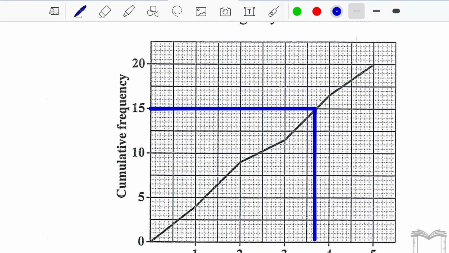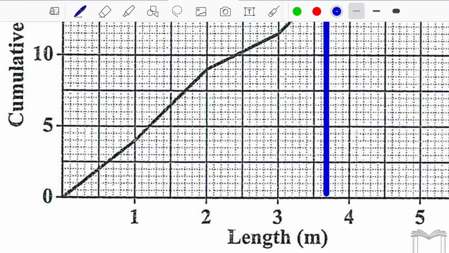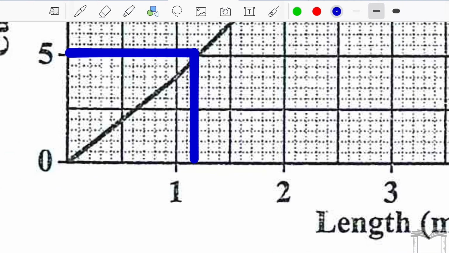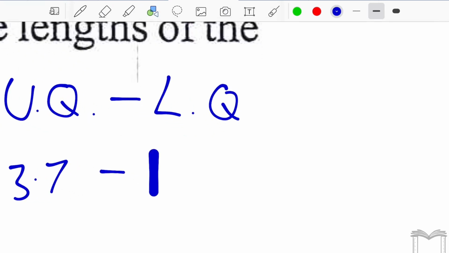So we have to determine where is a quarter of the cumulative frequency. So a quarter of 20 is 5. We go from 5, we go across to the graph. When we hit the curve, we come down. And this is 1.2, yes, 1.2.